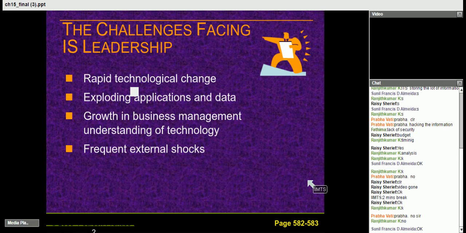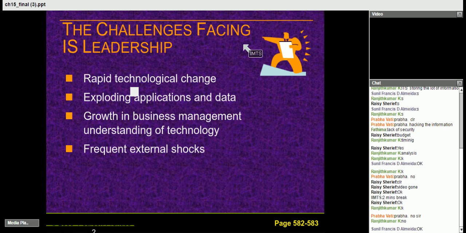Number two, exploding application and data. That means there is so much data, the present operational and transactional data you are working on, plus the last 5 years, 10 years of data. Managing all that data and presenting it through reporting for the business decision making process is also one of the bigger challenges.